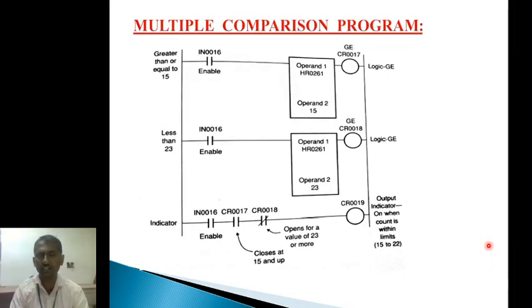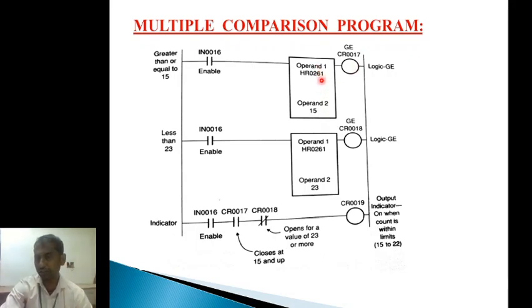So this example indicates the multiple comparison function. That means we can compare a value between two values. Here we have the greater than or equal to function. So here we have 15 in operand 2. The value present in HR0261 will be compared with 15 and whether that is greater than or equal to or not.